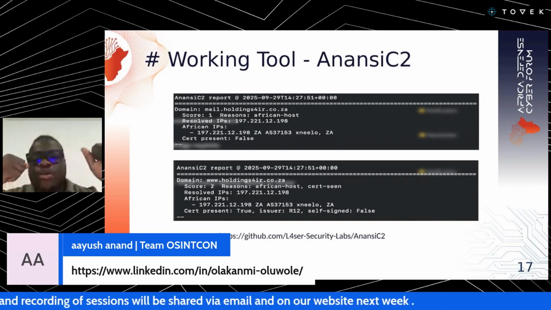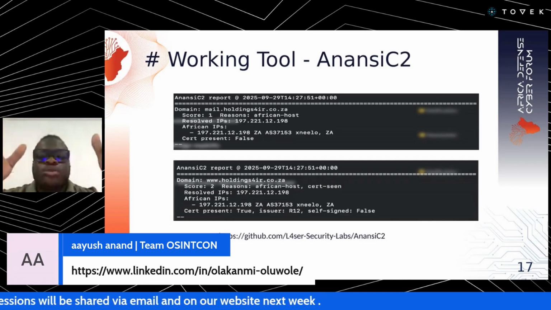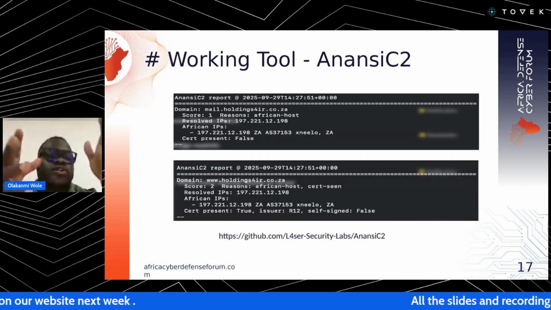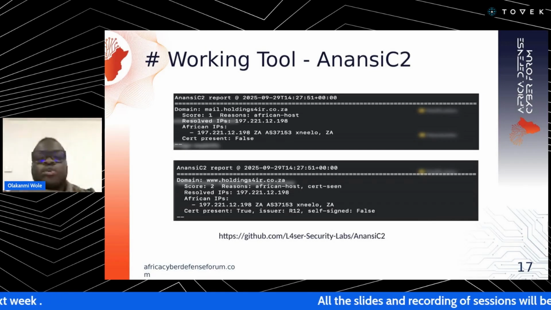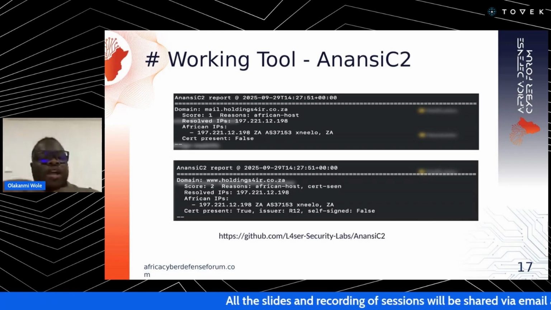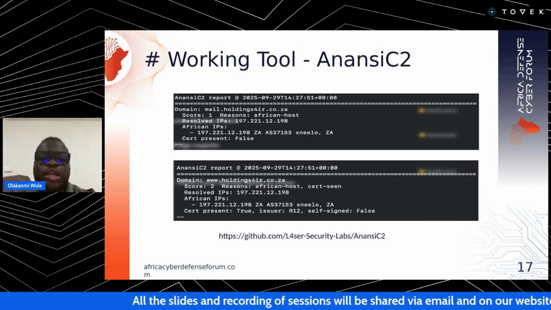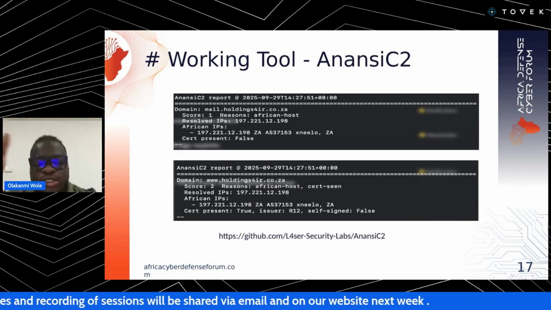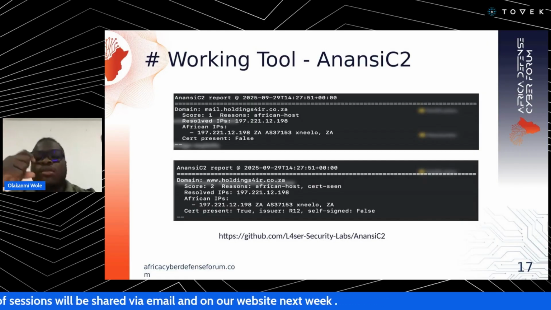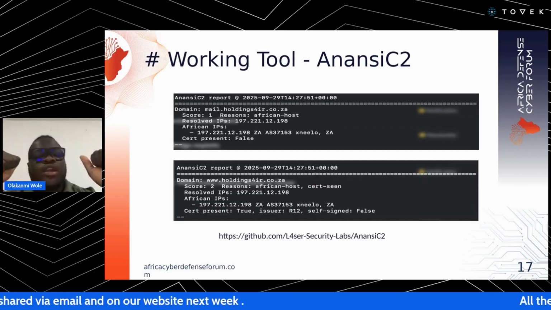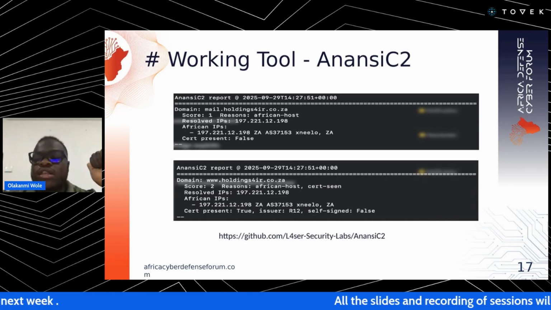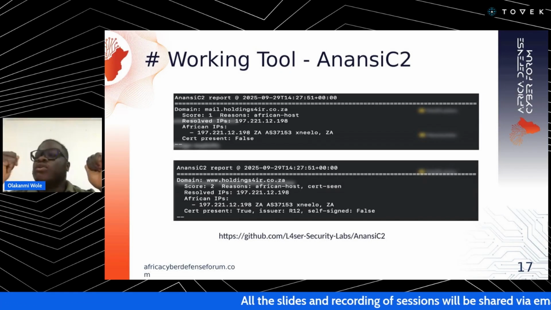What I'm doing here is actually detecting malware infrastructure in Africa, right? On the fly, we're looking at newly registered domains, less than, I think, 30 days, a month, in Africa. And we're now looking at things like certificates. We're looking at where this ASN is hosted. Is it Cloudflare? Is it a known bulletproof host?